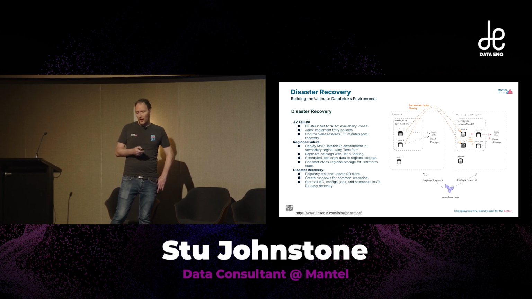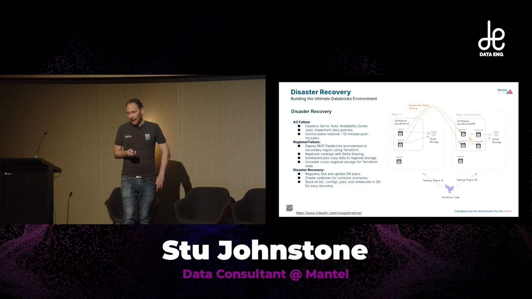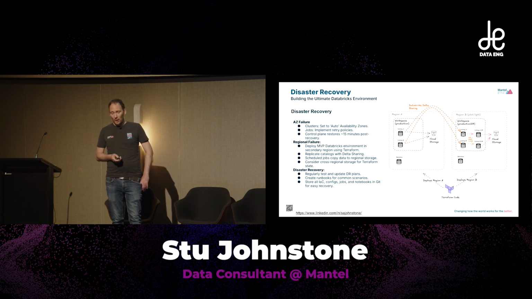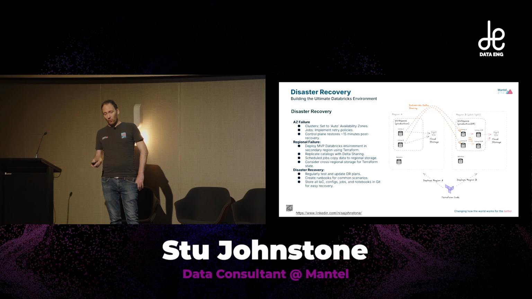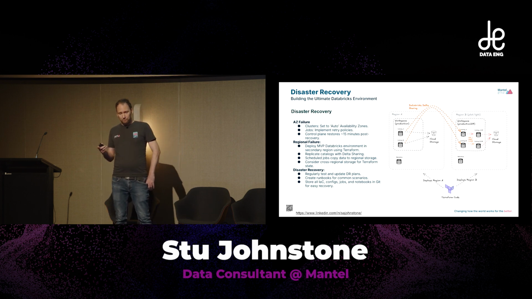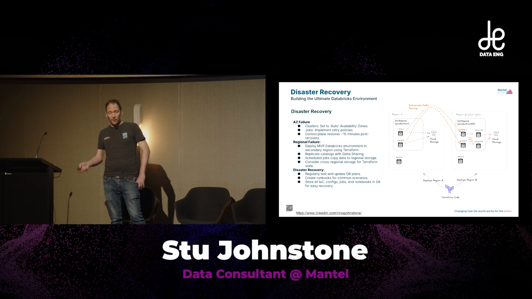This deploys a pilot light or MVP version of Databricks into a DR environment. We then use Delta Sharing to share that catalog over to the second region. And then a scheduled job runs that persists that data using a deep clone into the physical storage in that second region.